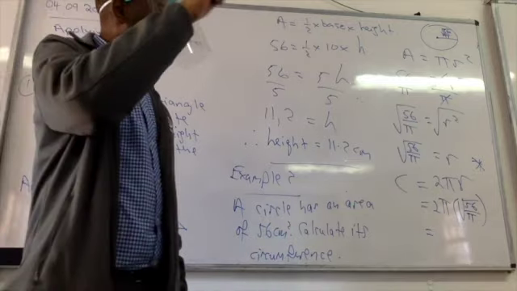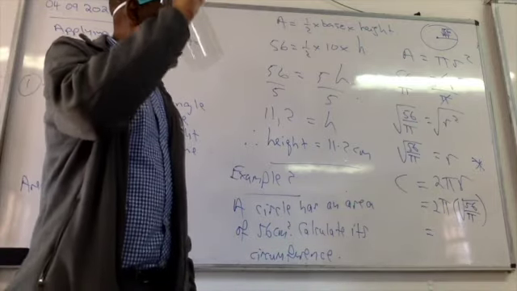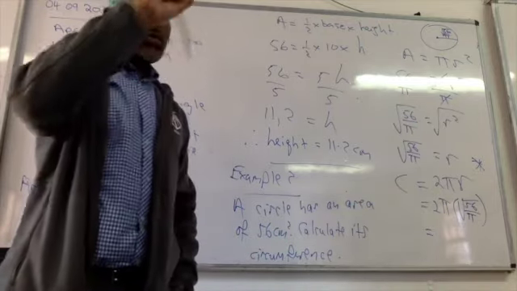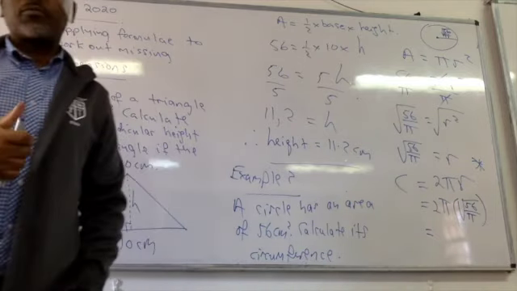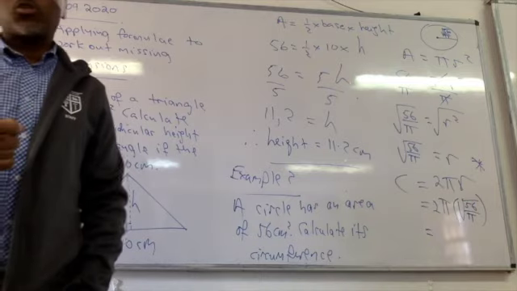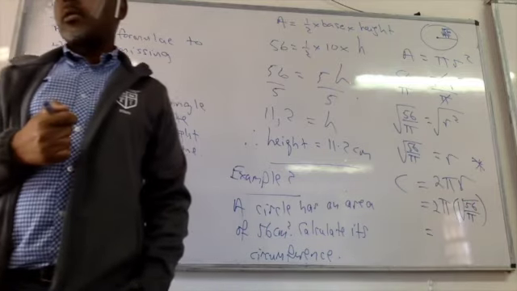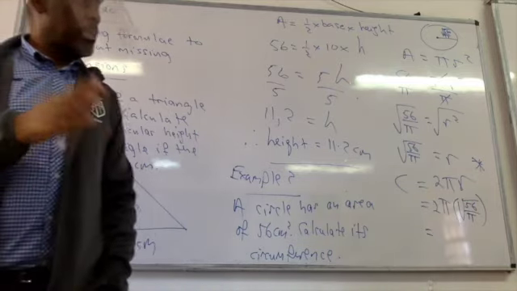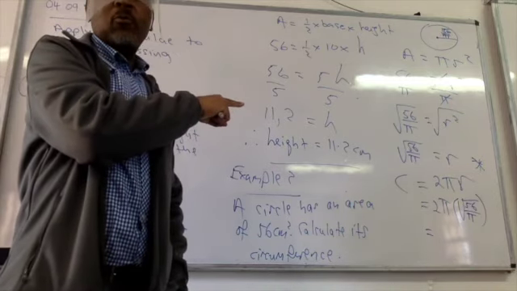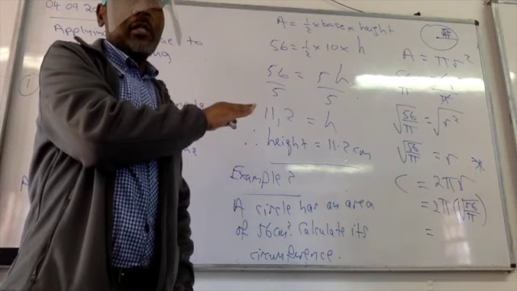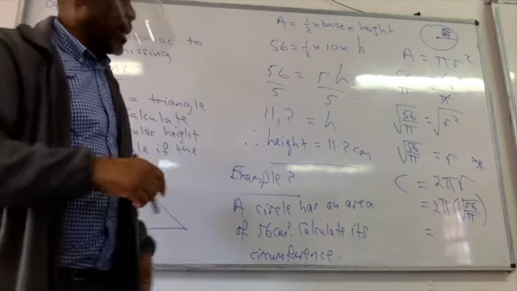So 2 shift pi times square root 56 over shift pi. Then give me your answer in terms of pi first of all. It doesn't show. Okay, that will happen. So it won't show. That's fine. I'll show you how you can write that answer in terms of pi if they really want it in terms of pi. But for now, leave it like that.